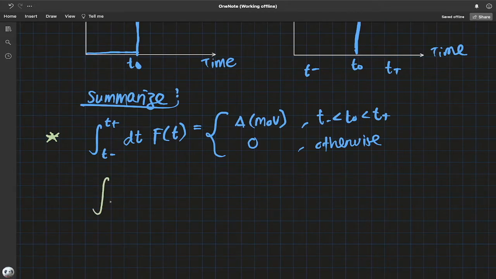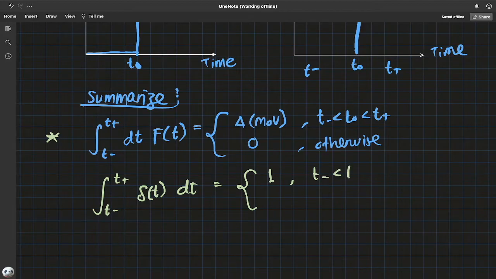Well, all we can do is have, say, the integral from T minus to T plus of delta of t dt, which is equal to 1 when 0 is in T minus and T plus, and 0 otherwise. If t equal to 0 is not in that range of integration at least.